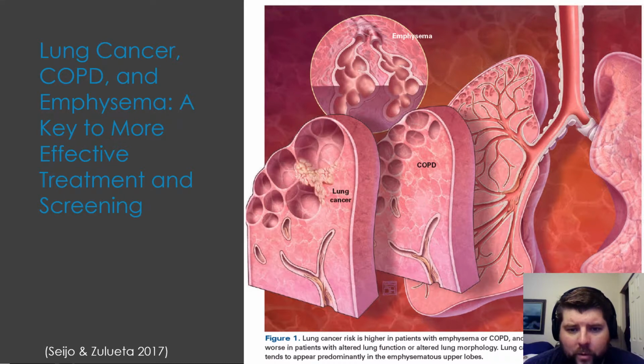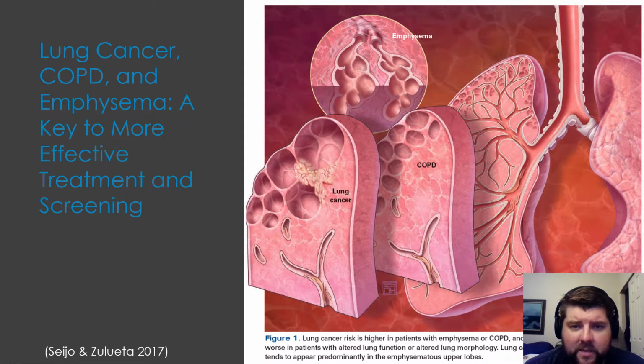Here we have a study that found that lung cancer has been linked to changes in lung function, and these changes are often seen as being a factor in smoking, yet it's not as straightforward as it may seem, because even non-smokers with emphysema have an increase of lung cancer.